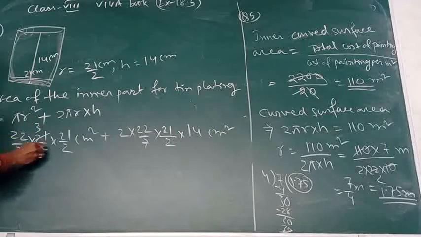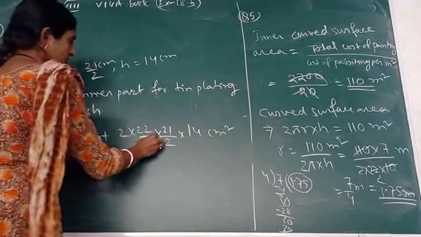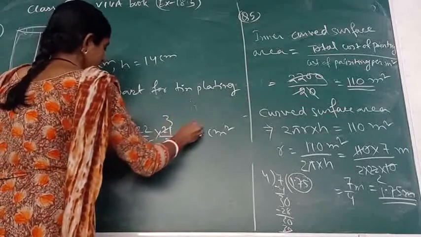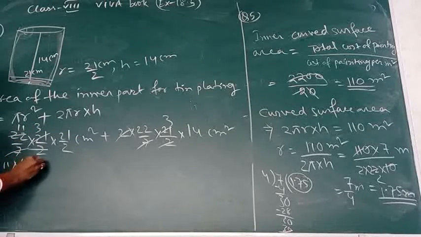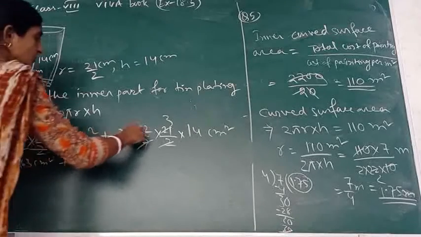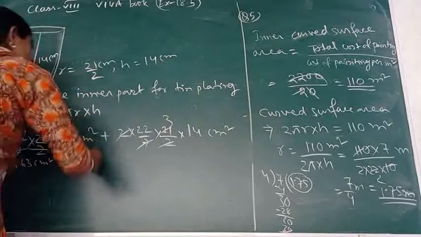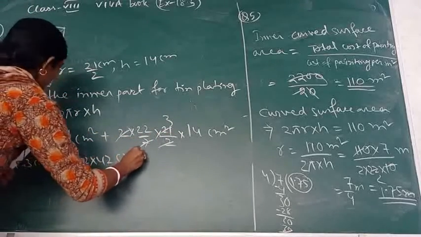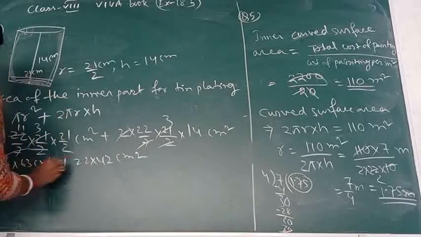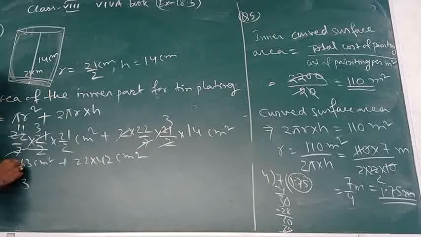What we are getting, then we will check it. Yes, so let's multiply. Here it is 33 into, or you can go for 11 into 63 centimeter square, plus this one I am getting 22 into 42 centimeter square.